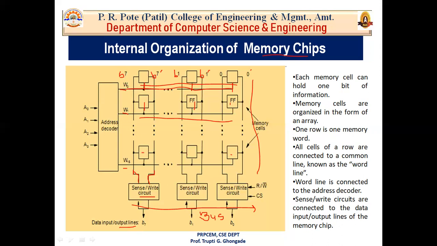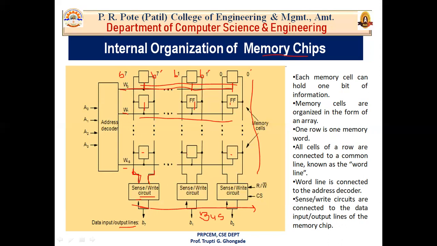If you want to read data from a particular memory cell, that data is first passed to the sense/write circuit, and this B7 line will act as a data output line. After that, the data is placed on the computer bus.